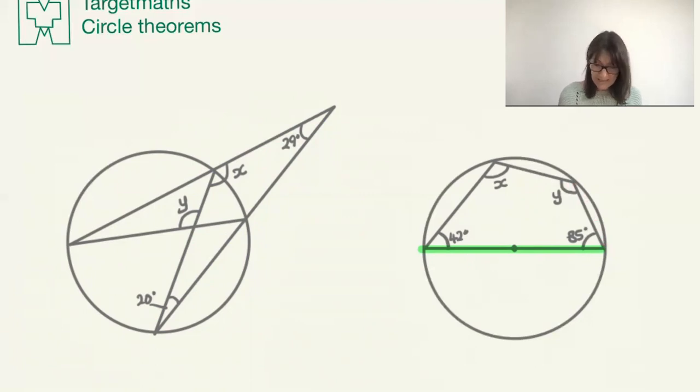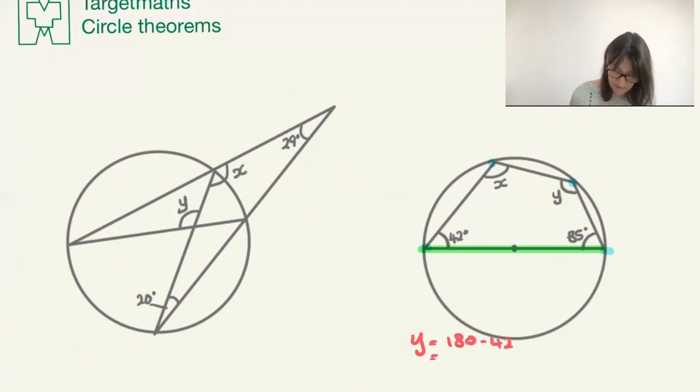So this one is a cyclic quadrilateral. Yeah, I've got my 4 corners. So my opposites are adding to 180. So y is going to be 180 take away 42, which is 138.